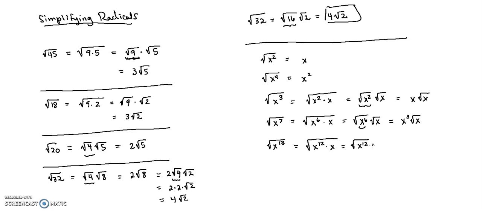For x to the 12th, I can take half of that, I get x to the 6th, and I've got 1 x left over on the inside. So if you have an even exponent, the square root can evaluate it. If you have an odd exponent, you're going to have 1 x left over on the inside. So take the biggest even exponent you can, and then you're going to have 1 x left over on the inside.